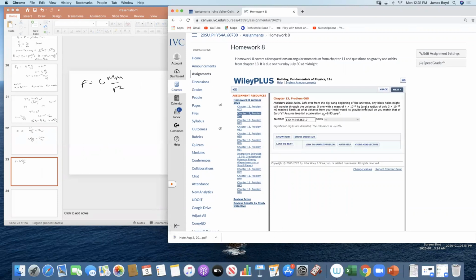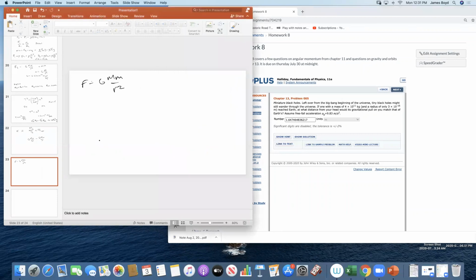This problem is if you have a black hole above your head. If you're standing here, you have a force down, which is mg, and you have a force up due to some black hole, which is ma, and we want a to equal g.